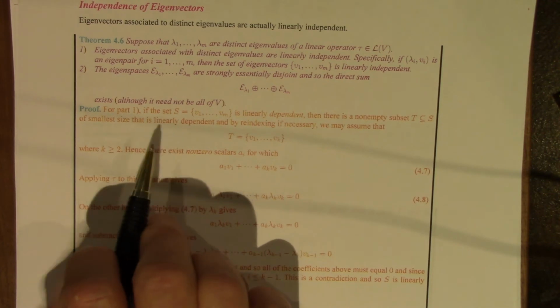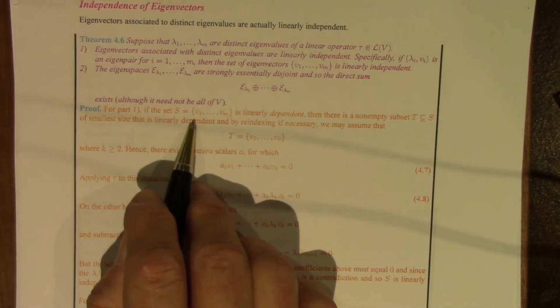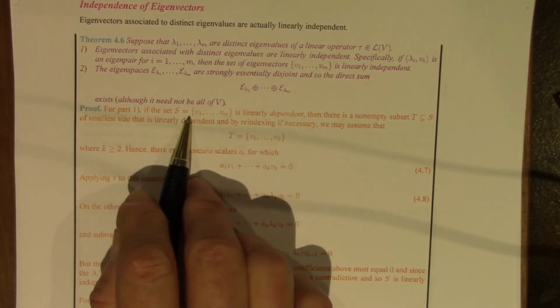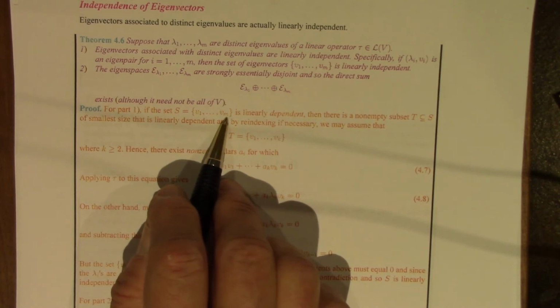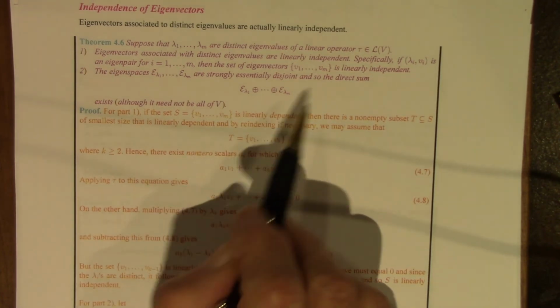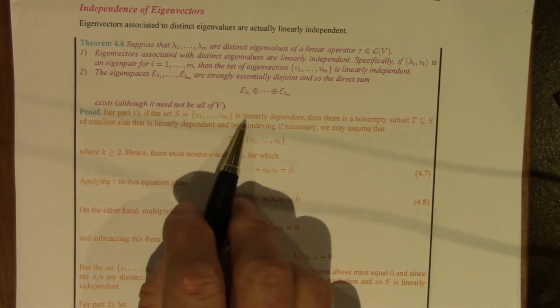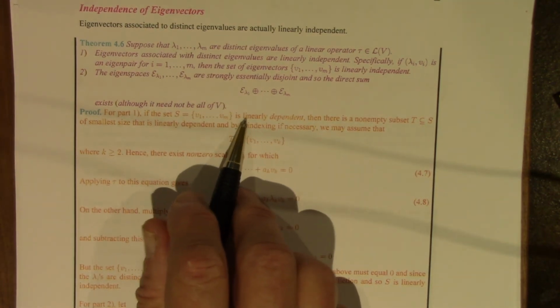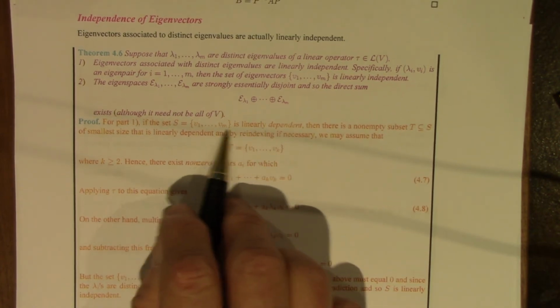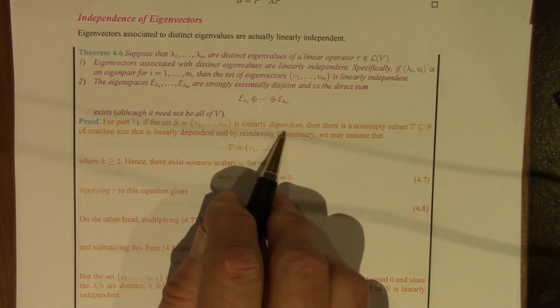So, as to proof, let's suppose that we let S be this set of eigenvectors associated with these distinct eigenvalues. And suppose to the contrary that this set was linearly dependent.